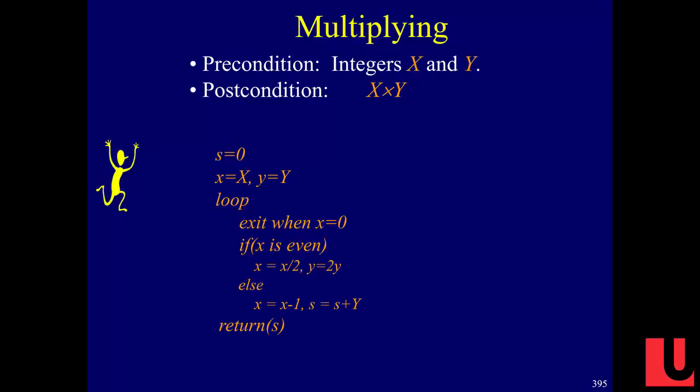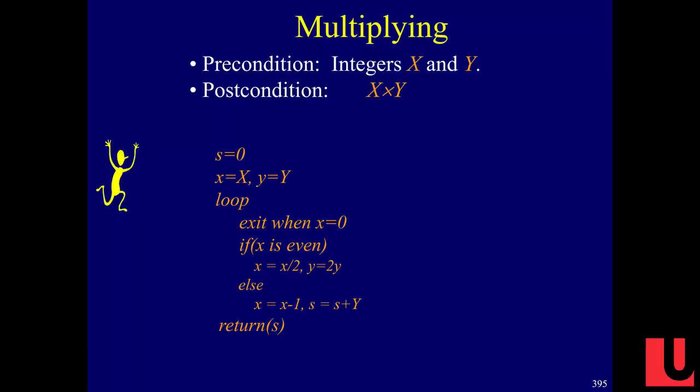I don't know why it's true. I don't know if it's true because you've been dividing x or because you've been subtracting 1. I don't care why it's true. All I know is it's true. If x is even, I know I maintain it, and if x is odd, I know I maintain it. So is this a good algorithm? Yes, it's a good algorithm.